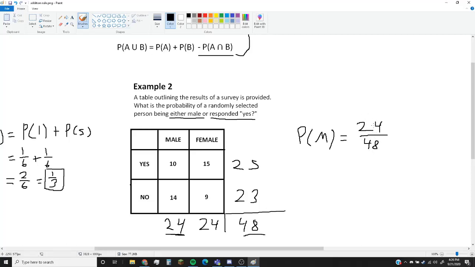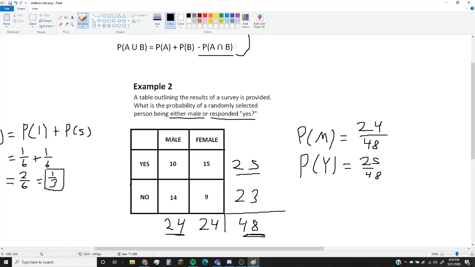So 24 over 48. We could reduce that, but it'll make the problem easier if we don't right now. So next, we want to figure out the probability that they said yes, which will take the total number of yeses divided by the total number of people. So 25 over 48.